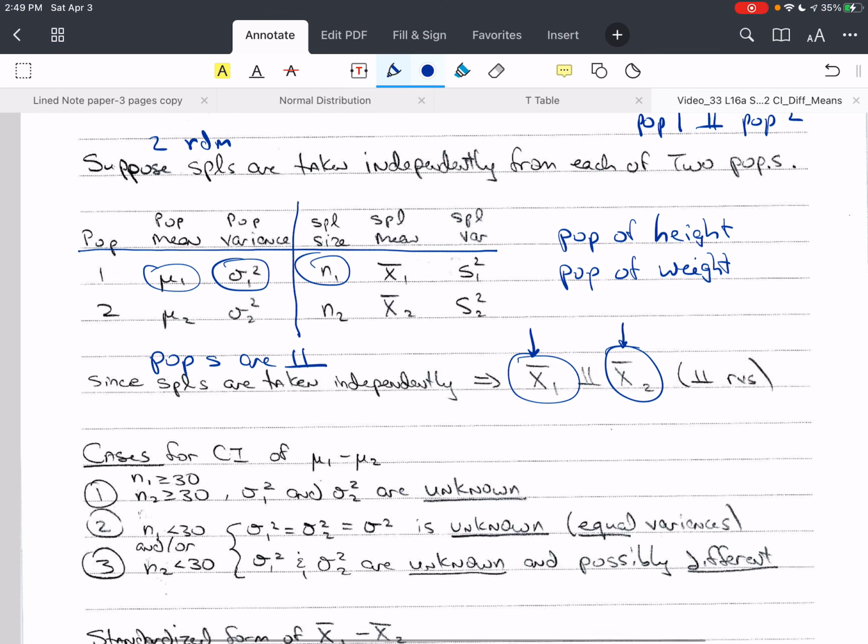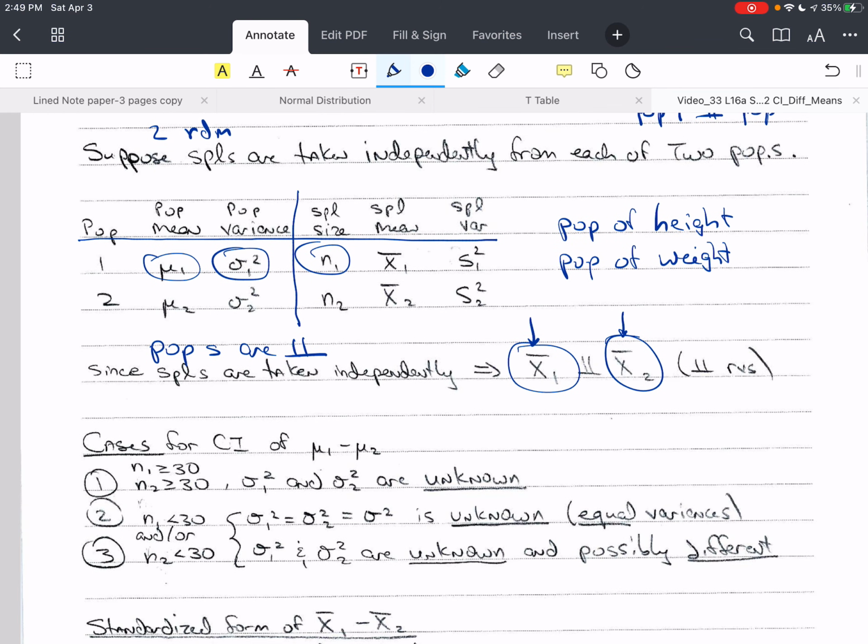All right. The cases we're going to cover in this section are only 3. So we are not going to cover the case where we know sigma 1 and sigma 2. So we don't know sigma 1 or sigma 2 in any of the cases we're going to cover. So we have larger sample sizes.